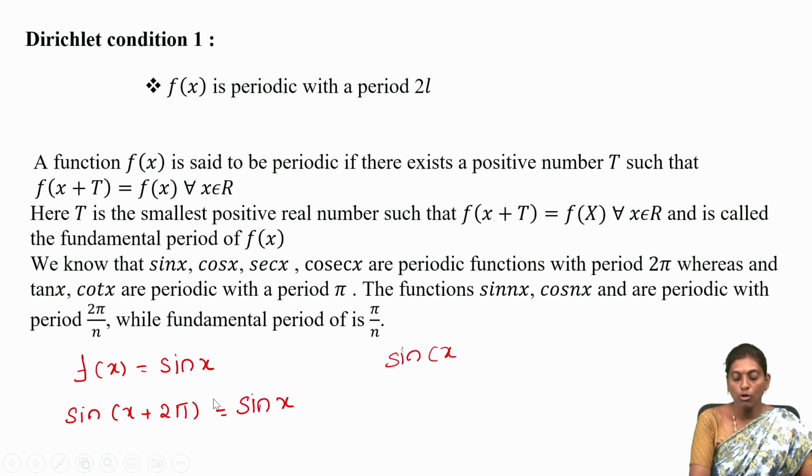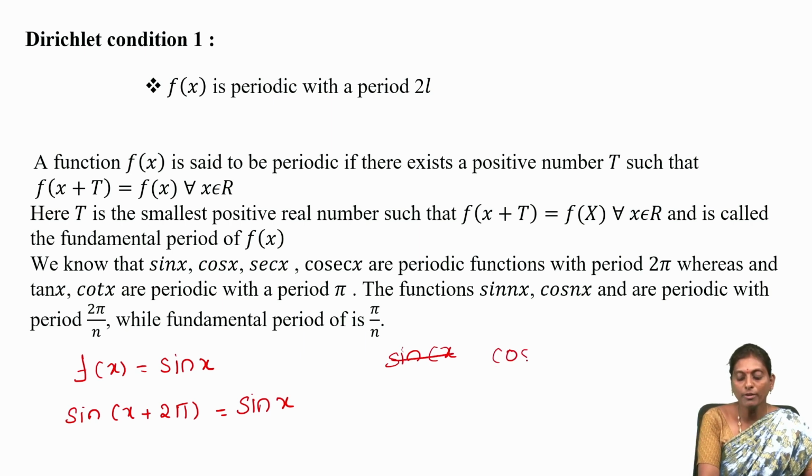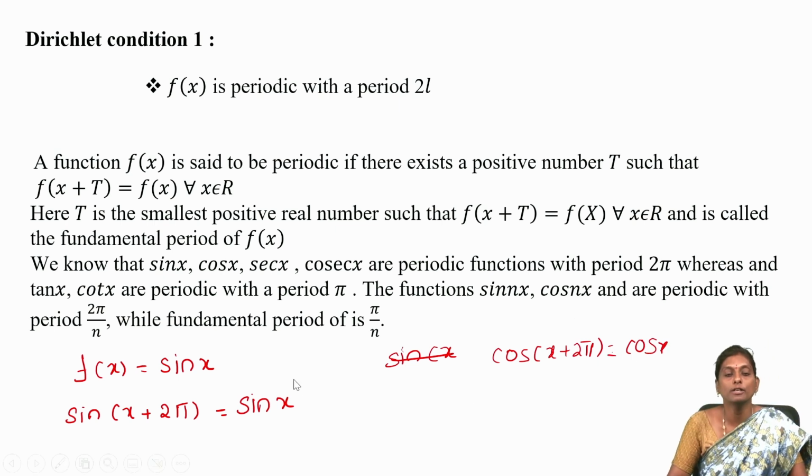In a similar manner, cos of x plus 2 pi is equal to cos x. Then cos x is called a periodic function. You know that at the intermediate level, sin x, cos x, secant x, and cosecant x are periodic functions with period 2 pi, and tan x and cot x are periodic functions with period pi.